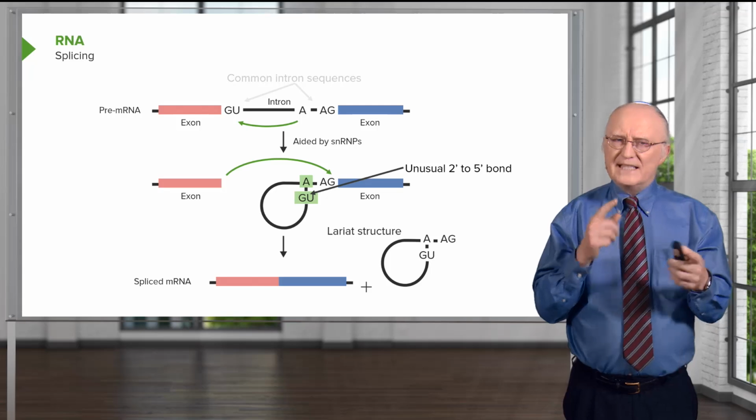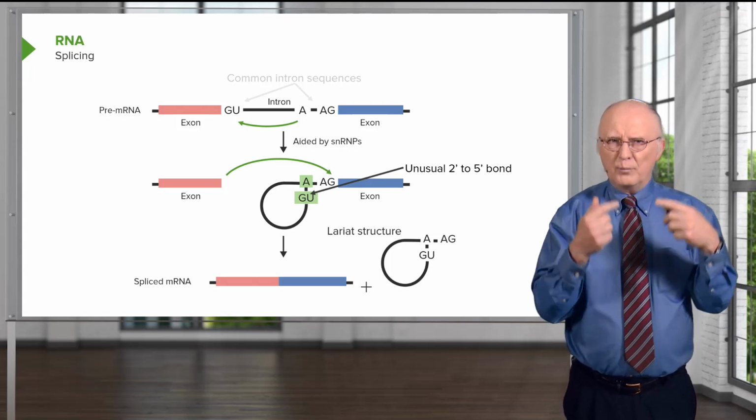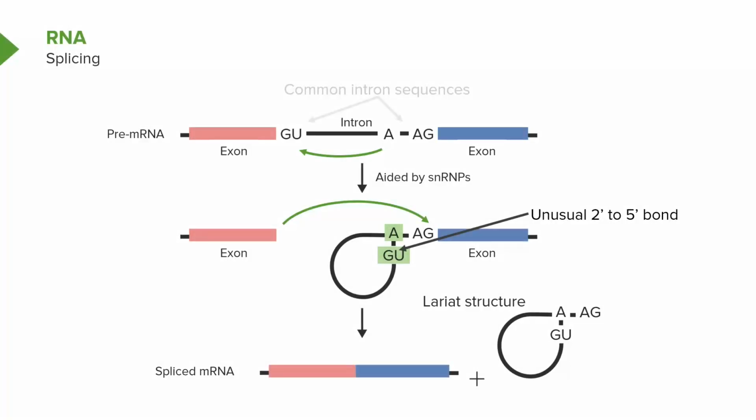Now, one other thing I didn't note about the lariat structure is that it has an unusual bond in it. You recall from the structure of nucleic acids that the nucleotides are joined together in a 5' to 3' orientation, such that the 3' end of one nucleotide is covalently bonded to the 5' structure of the next one.